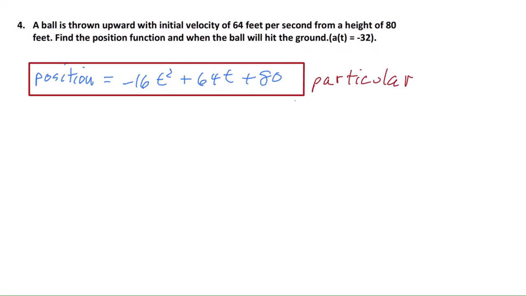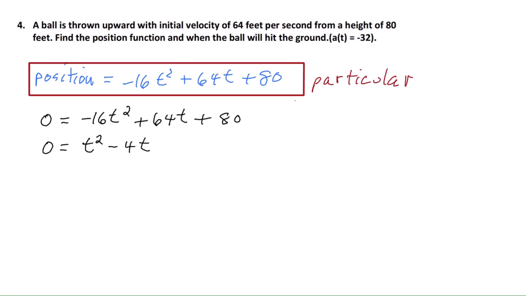Now then they're asking us, how long will it take for the ball to hit the ground? Well, what's the position when that occurs? 0. It's lying on the ground. It has no height above the ground at all. So I'm going to solve for t. I'm looking at that, and I notice everything will divide by -16. So that's my next step. That makes life a bit easier. I factor that.